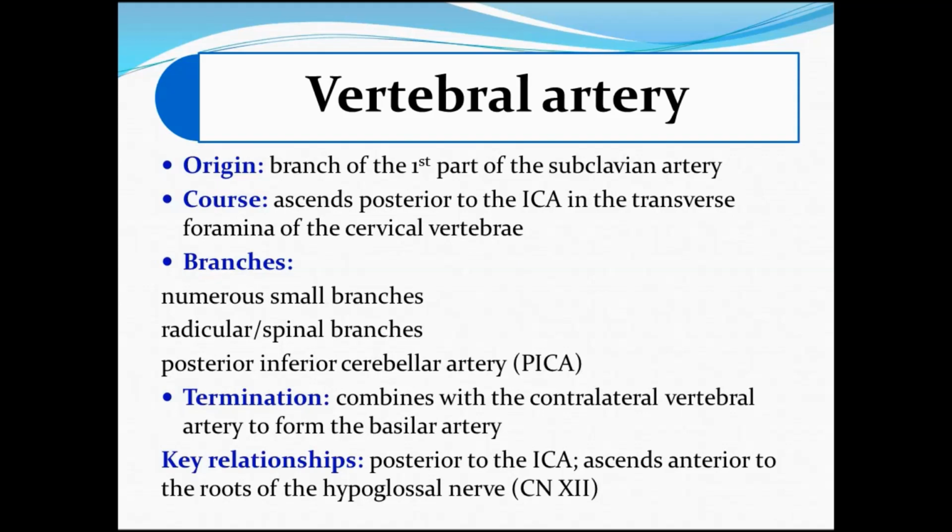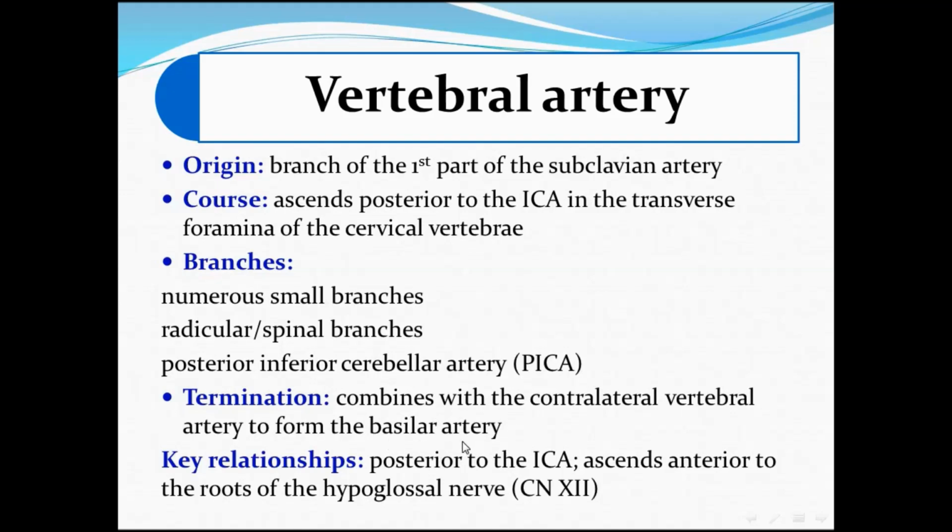It has several branches, including numerous small branches, the radicular and spinal branches, and the posterior inferior cerebellar artery. This is one of the most important blood supplies to the cerebellum. When we talk about the cerebellum, we will talk about the blood supply to it. Then the vertebral arteries terminate, in which they combine to form the basilar artery.